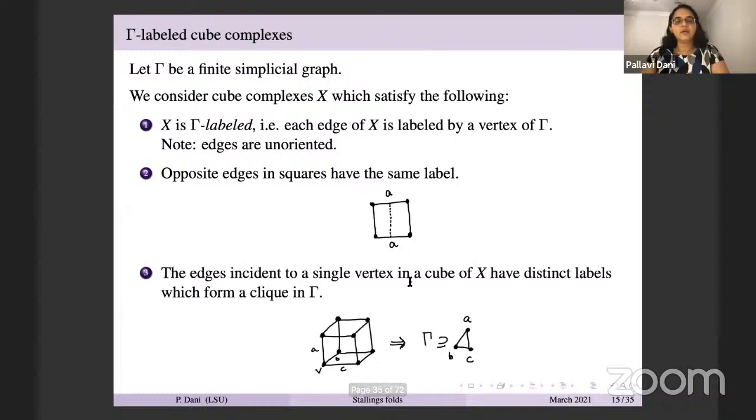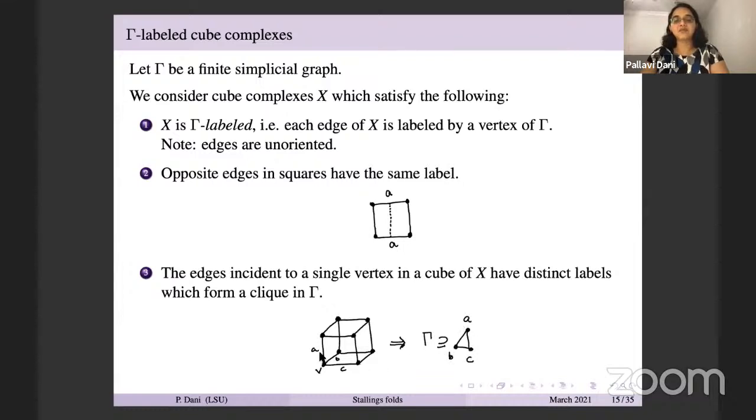And then finally, we want the condition that if you have a cube and you look at a vertex of that cube and you look at what the labels of edges incident to that vertex are, then those letters actually label a clique in the graph.